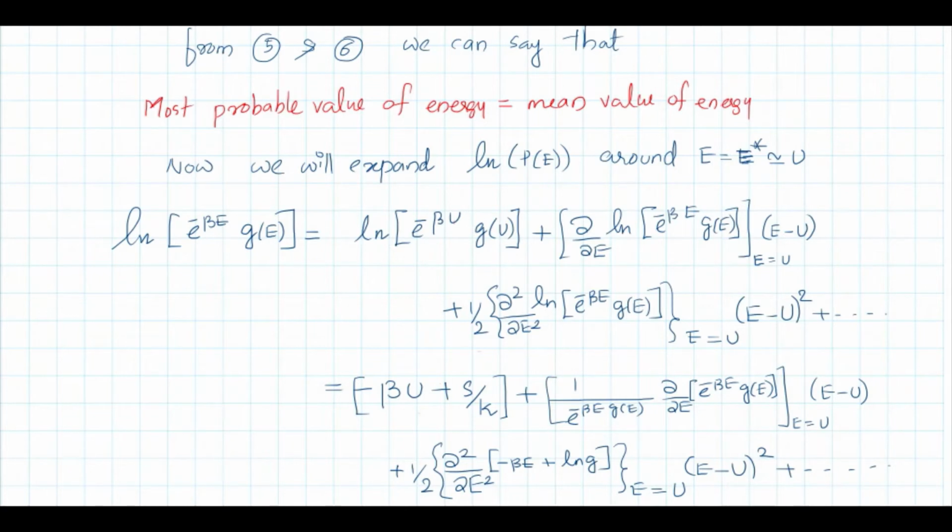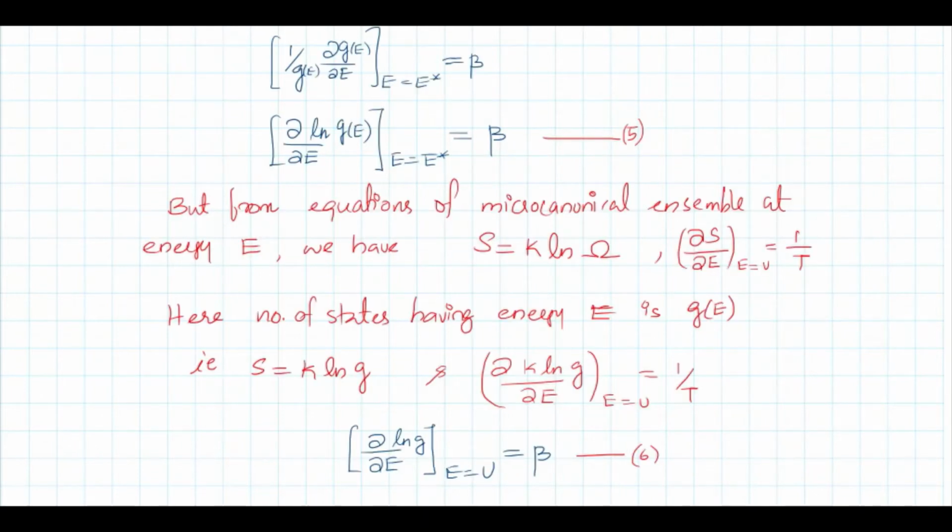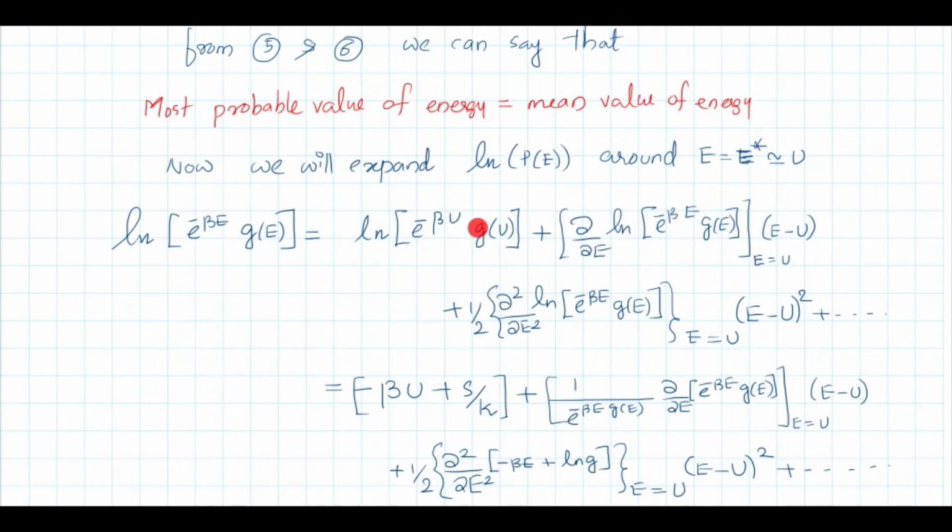If you cancel, that will give you minus beta U. Log G of U: log G is nothing but S/K, because S is equal to K log G. So log G is S/K. So that gives the first term.